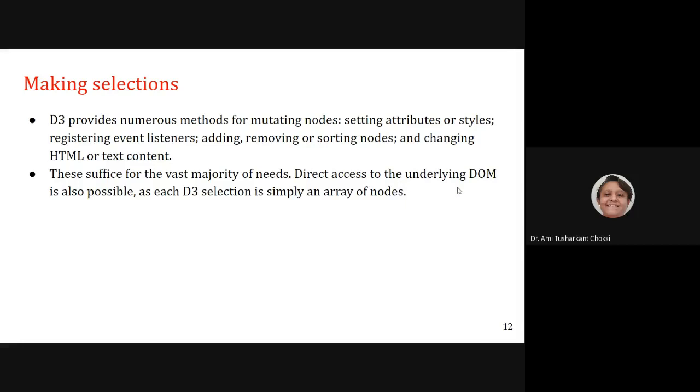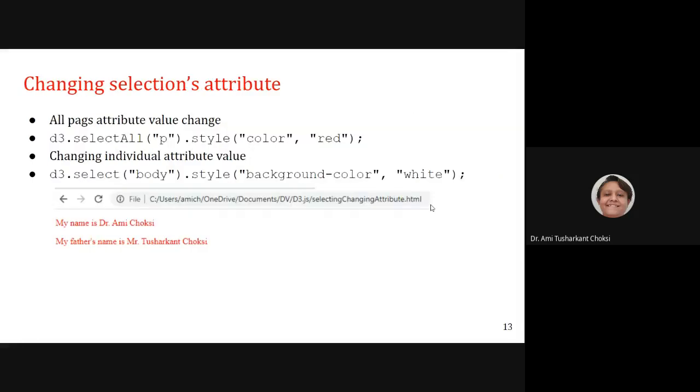Direct access to the underlying DOM is also possible, as each D3 selection is simply an array of nodes. Let's see one by one and see the output of what we have just seen, and we can get the idea. Fine.